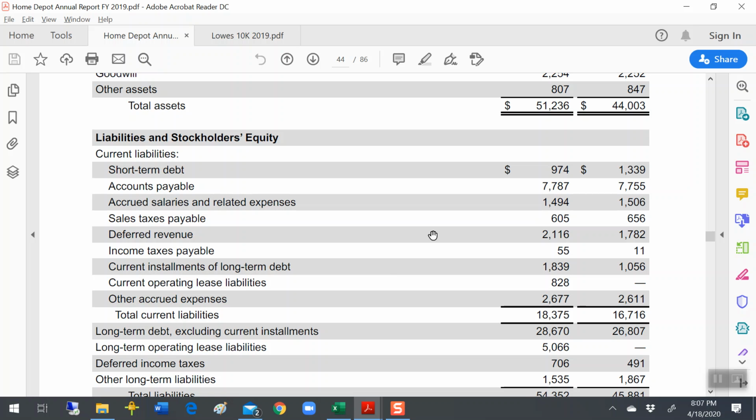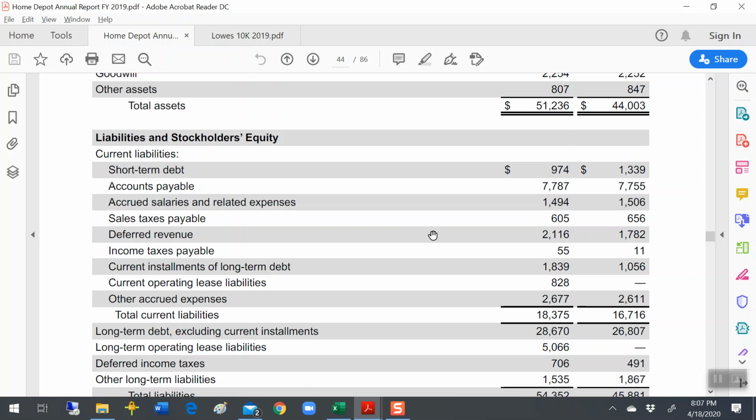So when you buy a Home Depot gift card, Home Depot receives cash and cash goes up, and then they record deferred revenue because they don't run that number through the income statement until you go in and cash it in, and that way they can match up the cost of goods sold for the item with the actual sale. So they record the deferred revenue as a liability, recognizing that there is a card floating around out there that somebody can come in and buy something with any old time now.